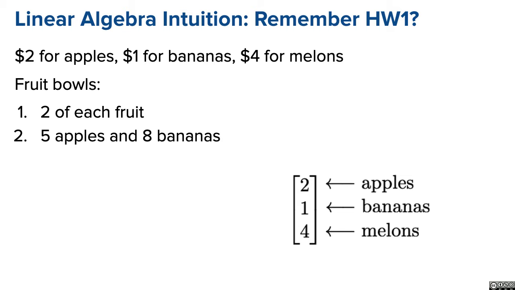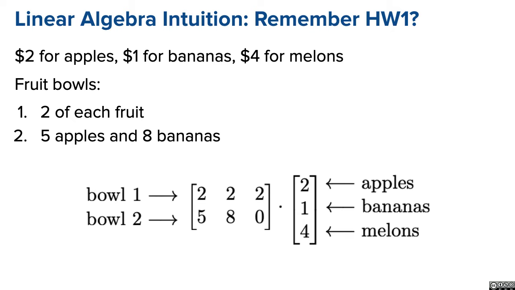A vector is essentially a matrix with only 1 row or only 1 column. In this case, this is a column vector, or a 3x1 matrix. So I have here on the left a matrix that describes the fruit that's contained within each fruit bowl. And when we multiply these 2 matrices, or when we do this matrix vector multiplication, we magically get out somehow the prices of every fruit bowl, right?